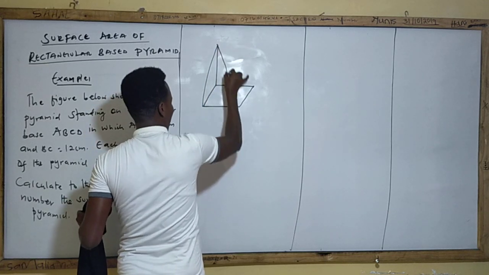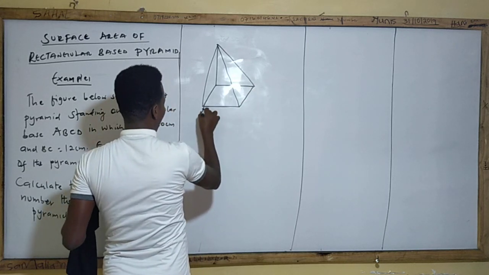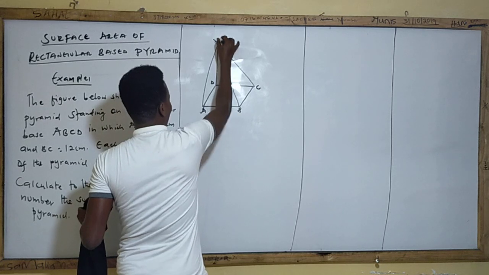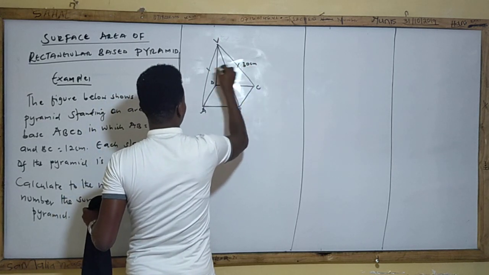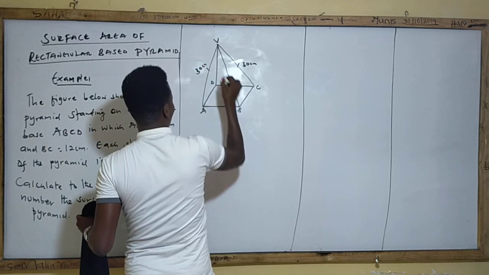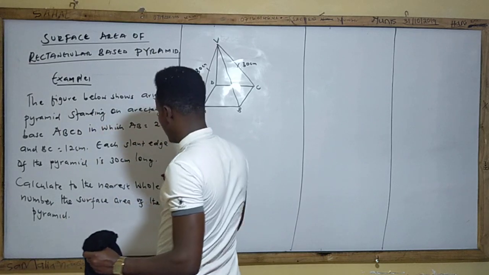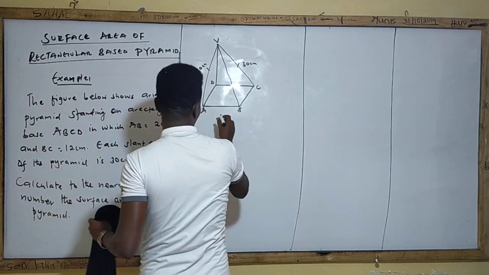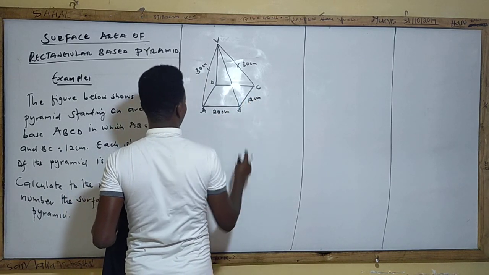Now this is ABCD, then this is V. You're told these edges are 30 centimeter each, even this one is 30 centimeter. So the dimensions given are 20 by 12. We have here 20 centimeter and here 12 centimeter.